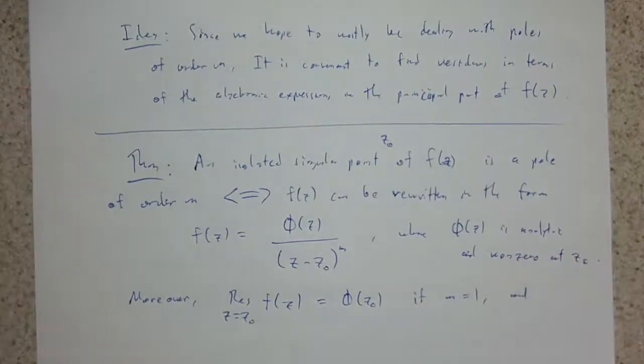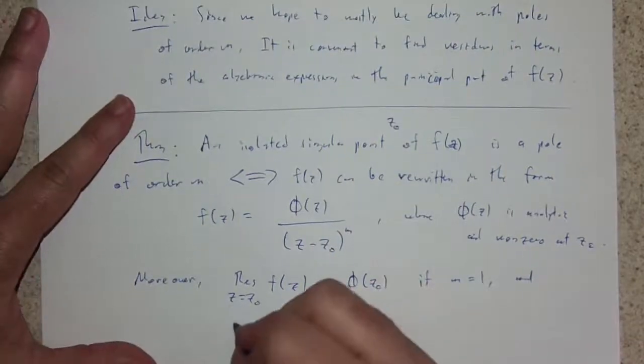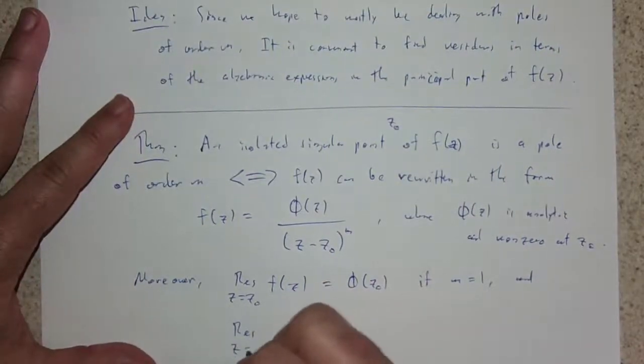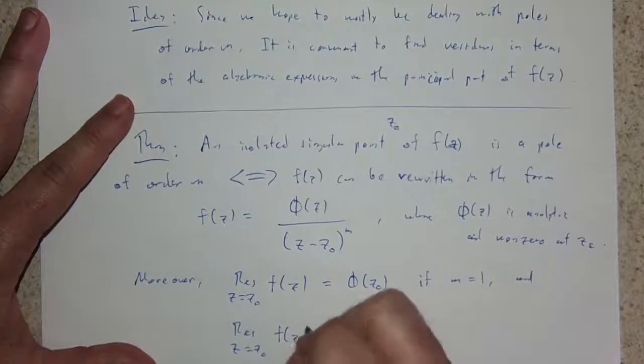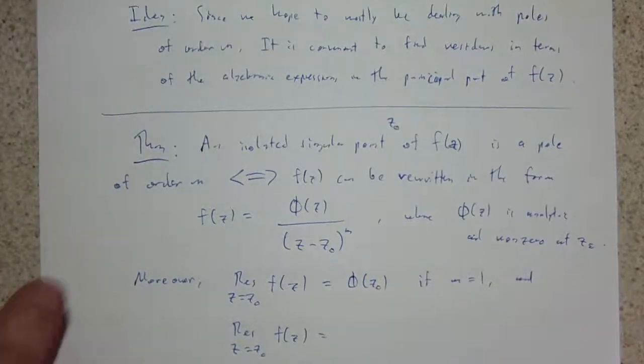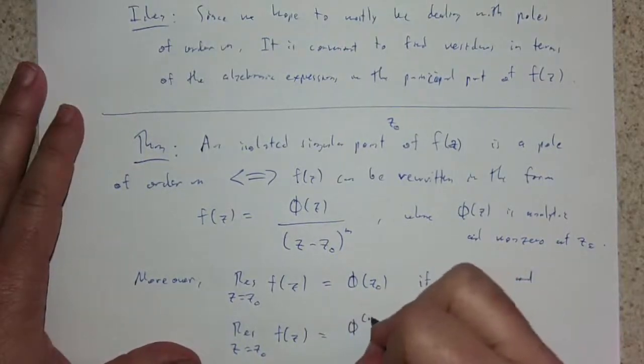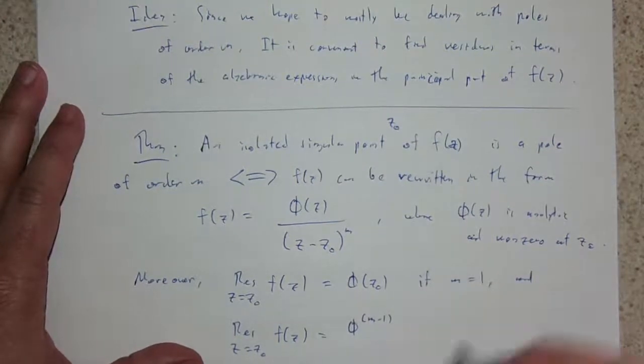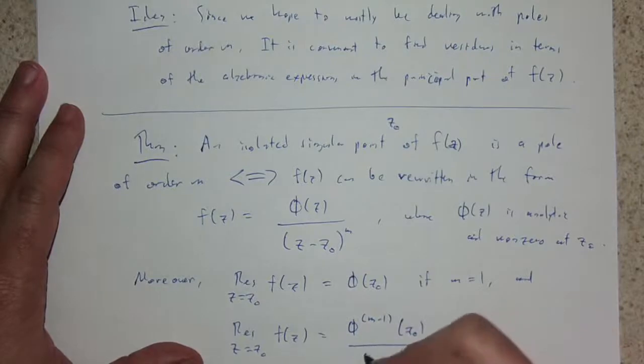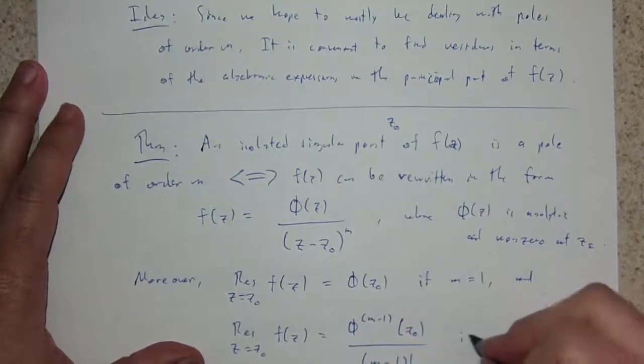If m is general, the residue at z equals z naught of f of z is the m minus first derivative of phi evaluated at z naught, over m minus 1 factorial.